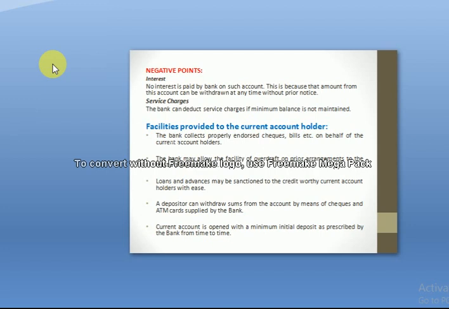The banks provide the ATM facility and the check facility to their customers for immediate and on-time drawings. A current account is opened with a minimum initial deposit prescribed by the bank from time to time.